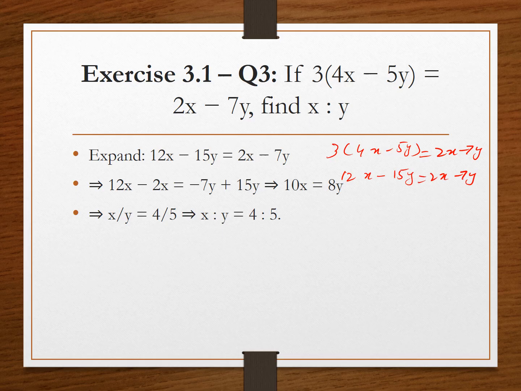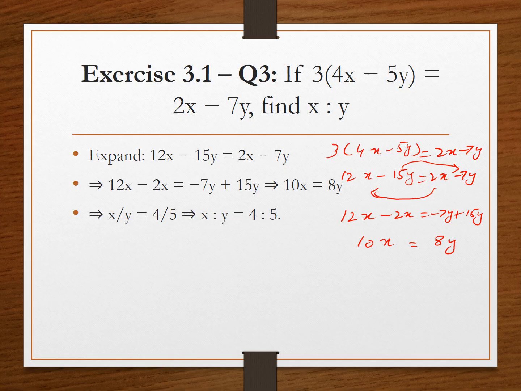Now we will simplify this equation by shifting the like terms, as 2x will be shifted to the left hand side and 15y will be shifted to the right hand side, and then we will get 12x minus 2x is equal to minus 7y plus 15y. After simplification, we will get 10x is equal to 8y.